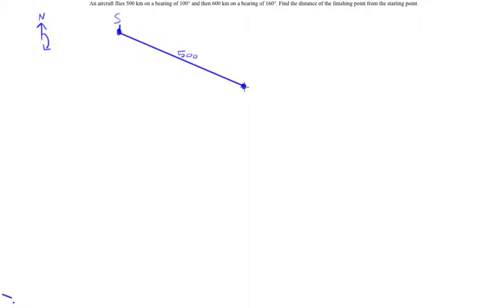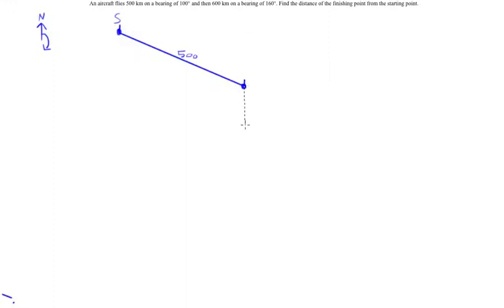Now at this point, which isn't important, I'm going to fly 160 degrees. When I measure my bearing now, I start over again. So at this point, I look north, and I say, okay, what's 160 degrees from here?